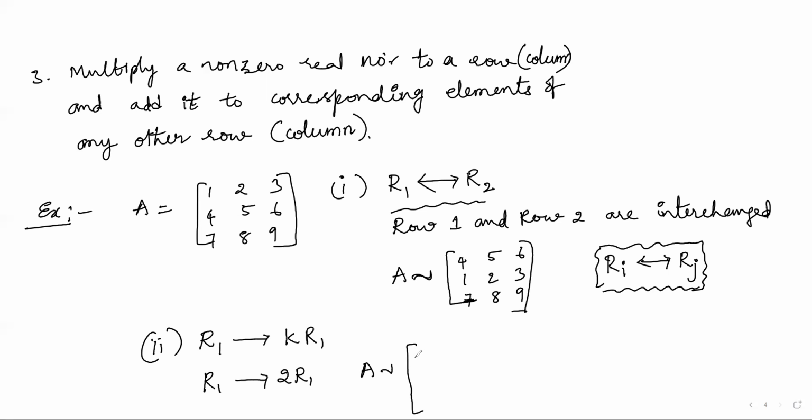You can do the same thing with R2, R3 also. Any row can be multiplied with a constant. So then the first row becomes 2, 4, 6, and the rest stay as 4, 5, 6, 7, 8, 9. Hope you understand.